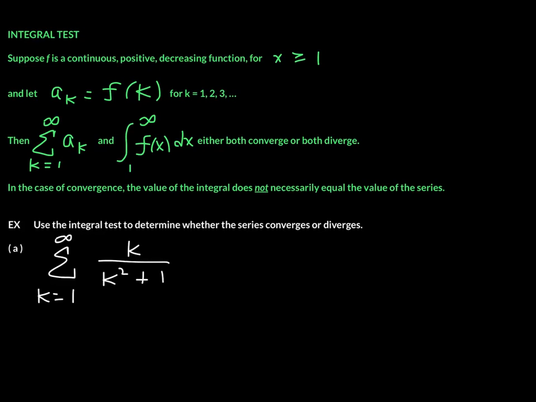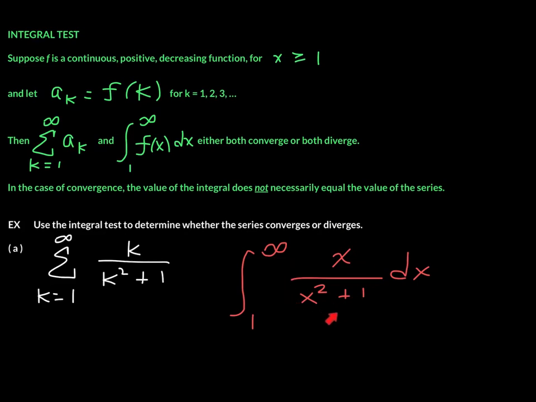So here is the integral test. It is going to be the integral from 1 to infinity of x over x squared plus 1 dx. Now, we know that this is a rational function and we know it is continuous.